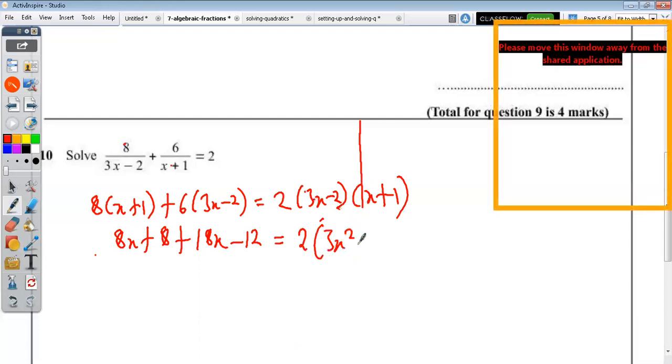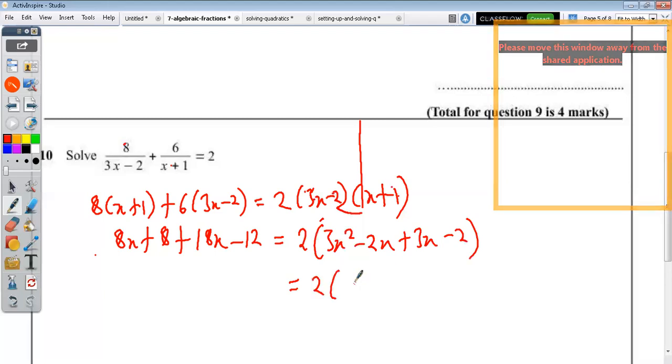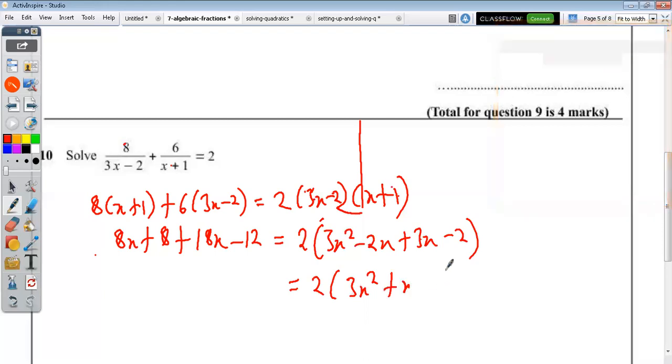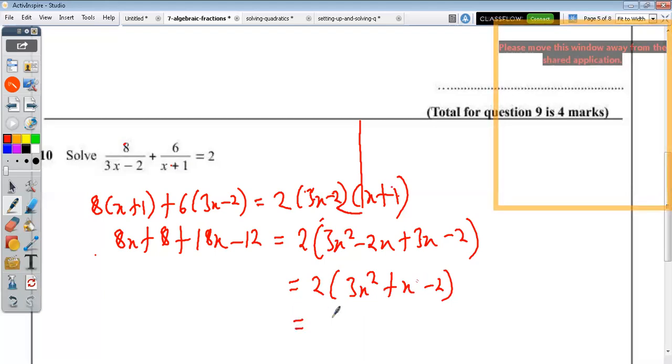Then I get a minus 2x. Then 3x plus 1 is a plus 3x. Negative 2 times the last term, minus 2. Then this is 2 brackets. If I simplify, 3x squared minus 2x plus 3x is plus x minus 2. Clear? Now remove the brackets, 2 multiplies everything. You get 6x squared plus 2x minus 4.